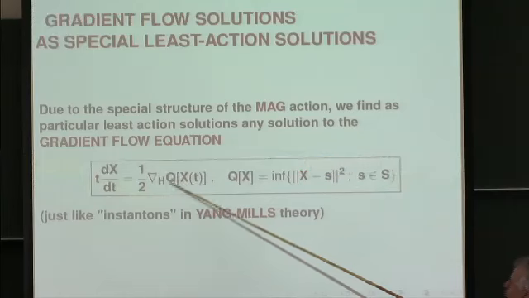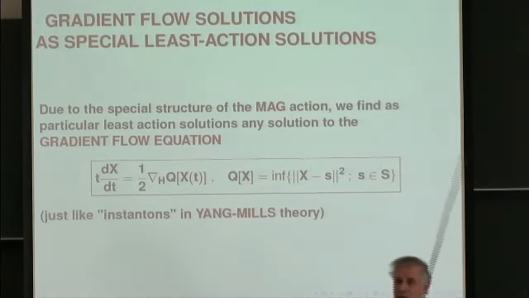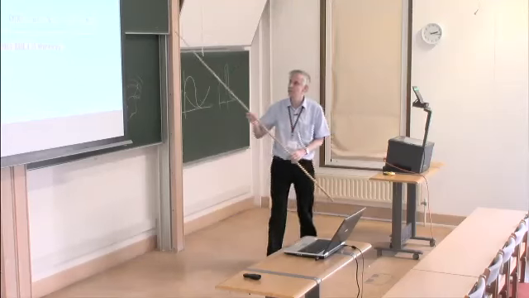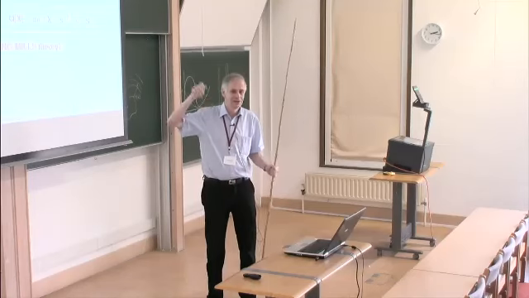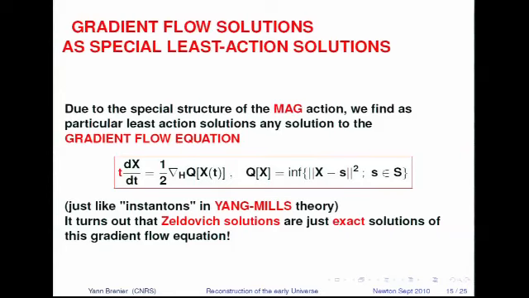So any solution of this first order equation will be a minimizer of the action. And that's clearly linked to the fact that the potential has this structural property that it's equal to its own gradient squared. Okay. And even better, it turns out that when you look at the equation, the Zeldovich solutions are just exact solutions, at least for short time.